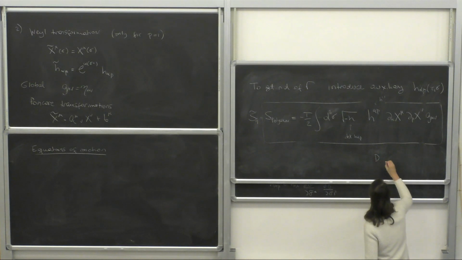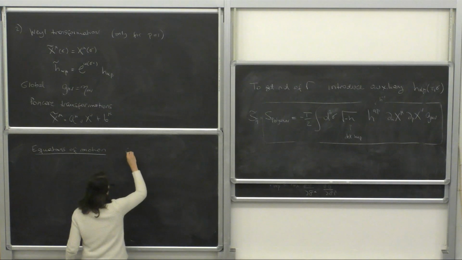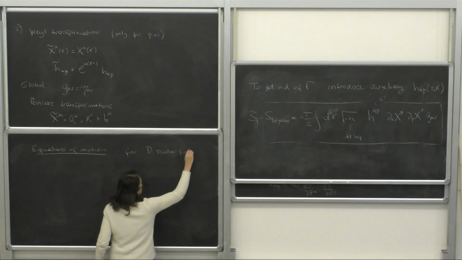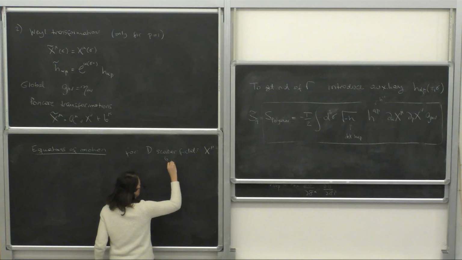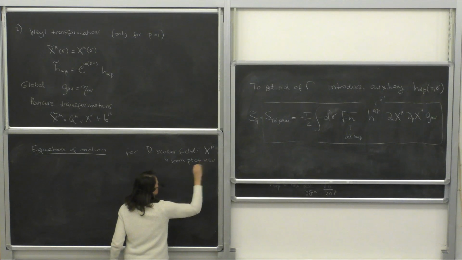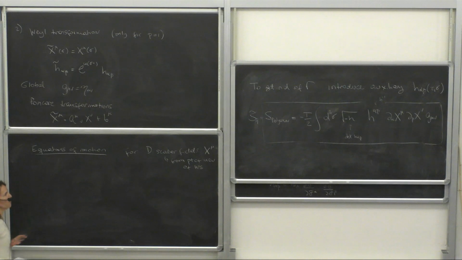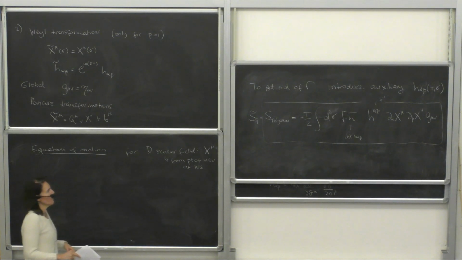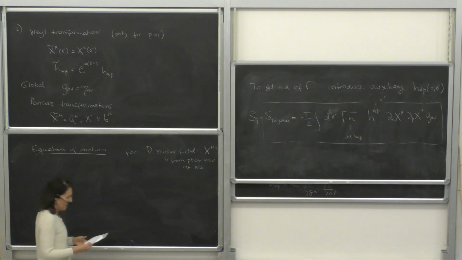So these are the equations of motion for the D scalar fields x^μ. Again, when I say scalar, I mean from the point of view of the worldsheet. From the point of view of the worldsheet, μ labels copies, but from the point of view of this 2-dimensional field theory, it will be a quantum field theory of scalar fields.